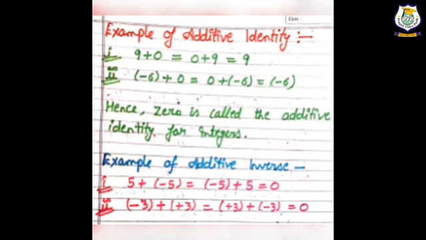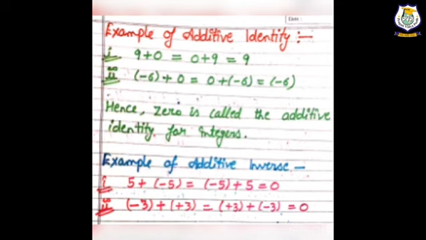Example of additive inverse. As you know, in the additive inverse, if a number is a positive integer, its additive inverse is a negative integer. So in the first example, I will take 5, and the additive inverse of 5 is -5. And as you know, the sum of a real number and its additive inverse becomes 0.